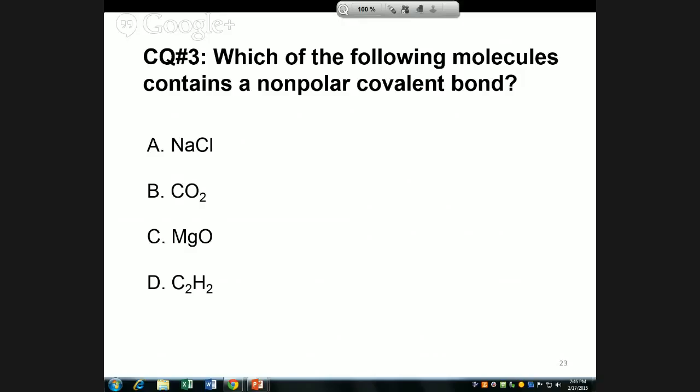Now, a number of people chose sodium chloride. And from what we've already covered, I'm actually a little bit surprised that so many people chose that. When we were talking about ionic bonds in the definitions, they mentioned salts.